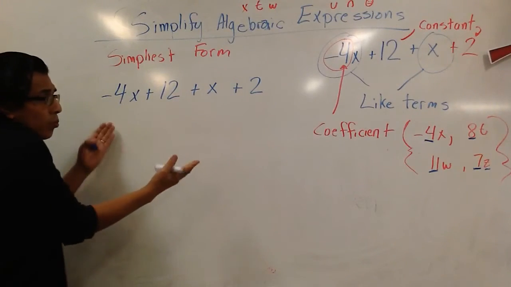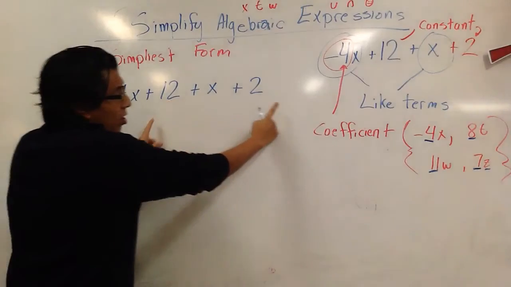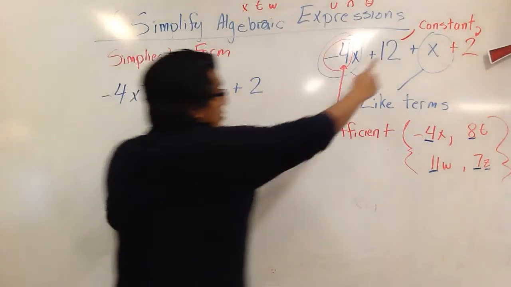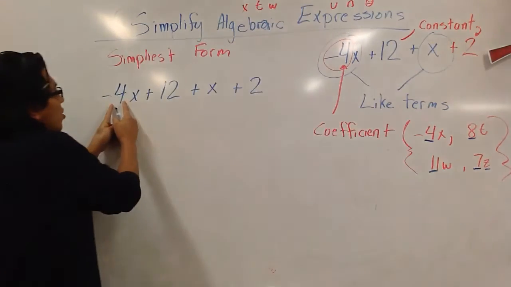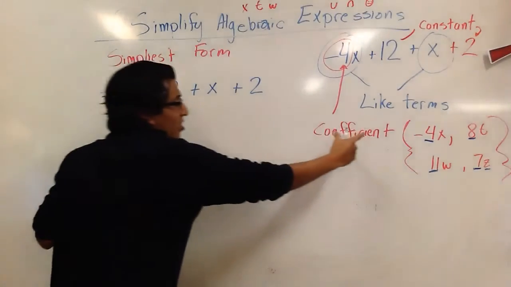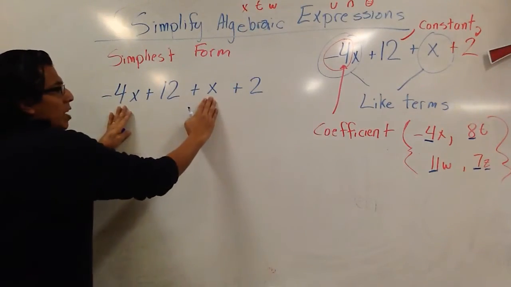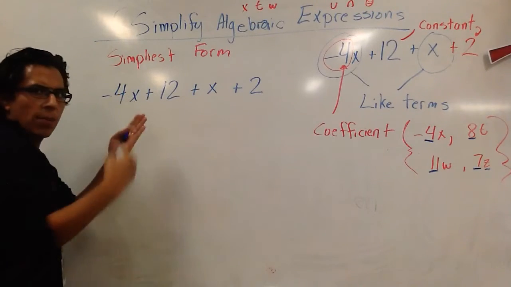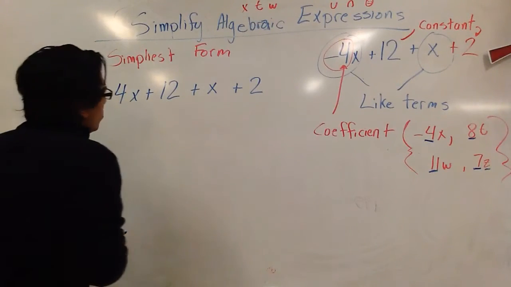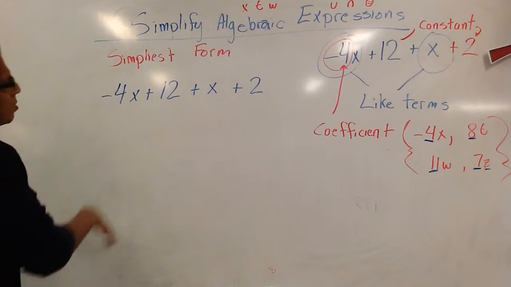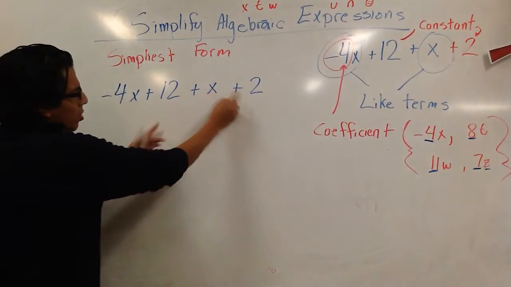So you would put the constants under constants. This is your coefficient, so you would write it with coefficient. Like terms, your x's are like terms. So this is the vocabulary that refers to them. But when we move to simplifying, we move towards combining your like terms.